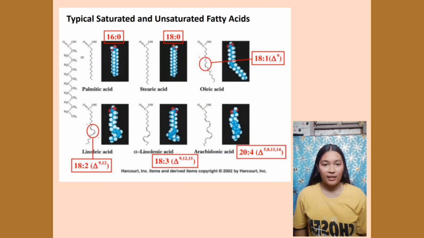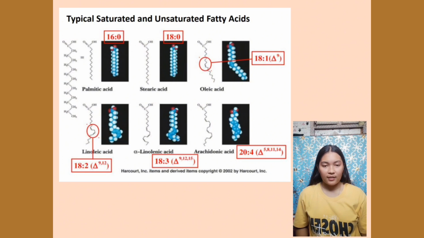Palmitic acid has 16:0, which means it has 16 carbon atoms and no double bonds. And then we can also see oleic acid has 18:1, which means it has 18 carbon atoms and one double bond between its 9th and 10th carbon atoms.